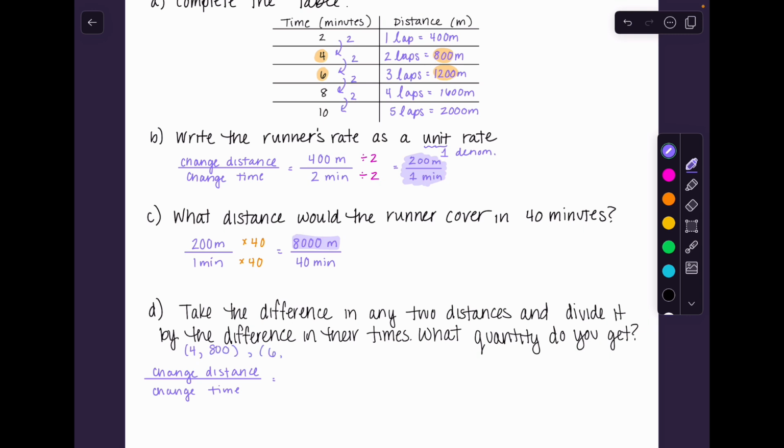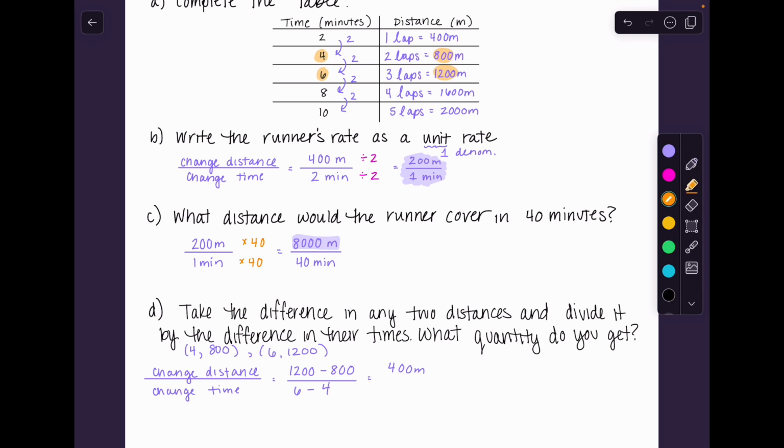And then for 6 minutes, the person can go 1,200 meters. So if I think about my change in my distance, we do one minus the other. So I'm going to do it piece by piece. If I take 1,200 meters and subtract 800 meters, the distance they will have traveled is 400 meters.